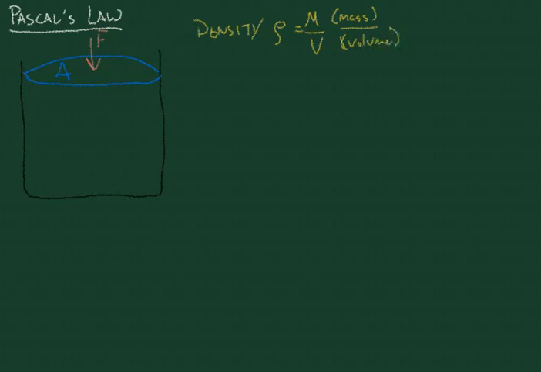Now we define pressure P as force divided by area, where again area A is the cross-sectional area, perpendicular to where the force is being applied.